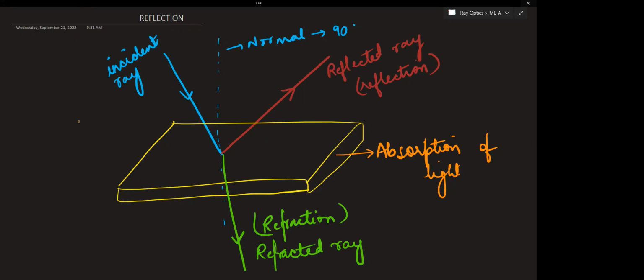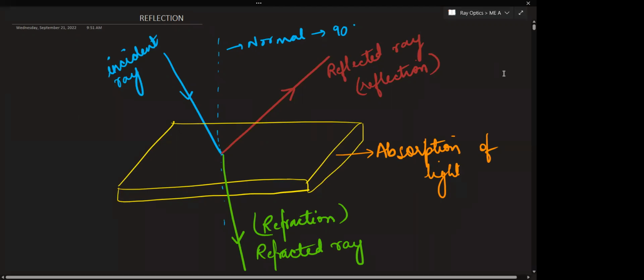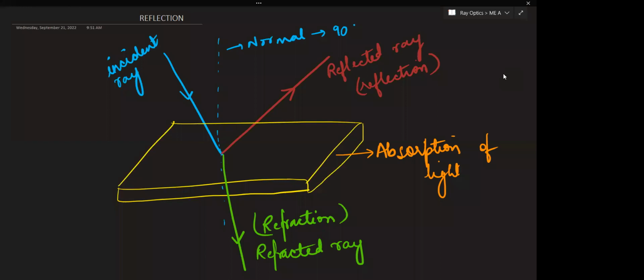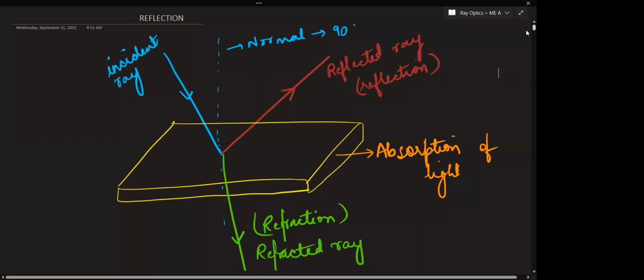Now, as I was saying that this is incorrect, why is this diagram that I have drawn incorrect? See, you can correct it whenever you are drawing. You will see by the laws of reflection.